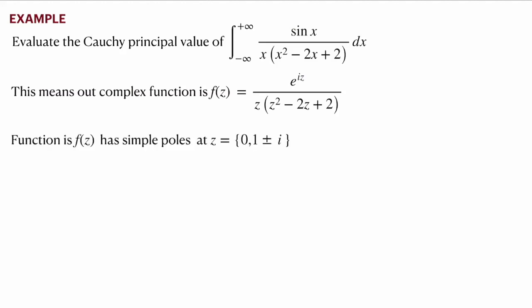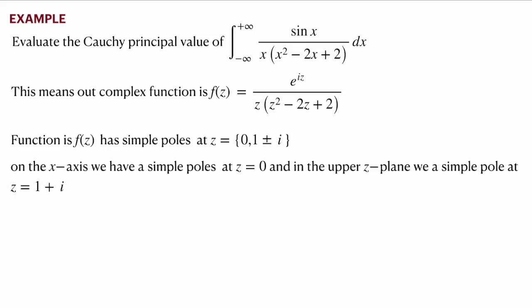We see that f of z has 3 simple poles, at z is equal to 0 and z is equal to 1 plus or minus i. Since there is one singular point on the real axis, we will have to use the indented contour for evaluating this integral. So we essentially try to avoid the simple pole at z is equal to 0 and consider the contour which includes the singularity at z is equal to 1 plus i.